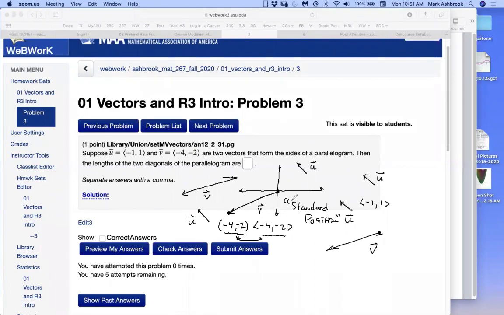Okay, so I'm going to put them both in standard position here. I've got -4, -2, and then -1, -1, something like that. That's my u vector. And you notice that this determines a unique parallelogram, right? So I could finish the parallelogram.